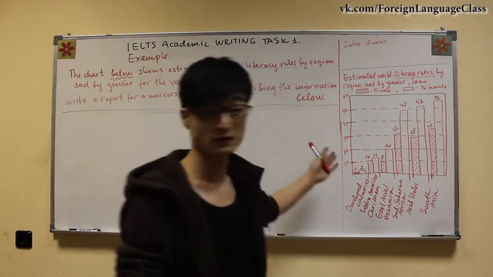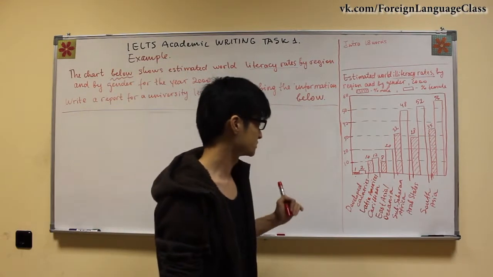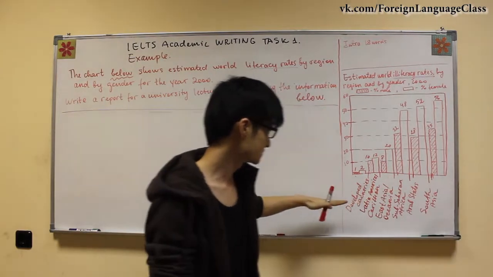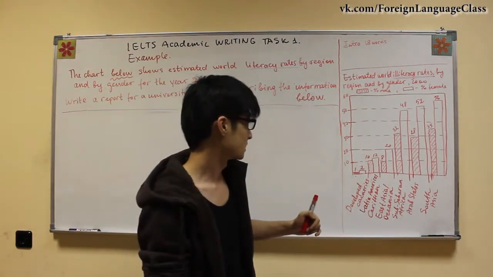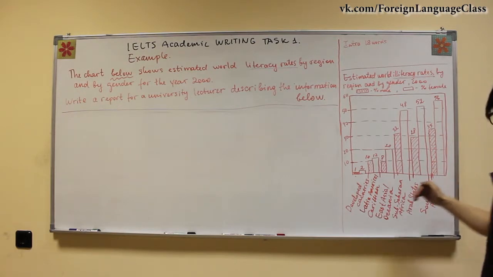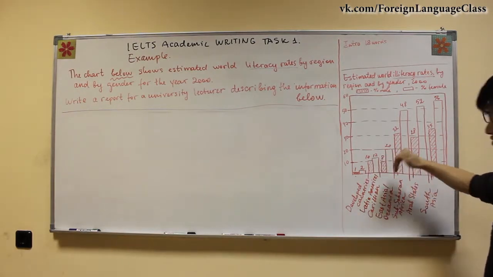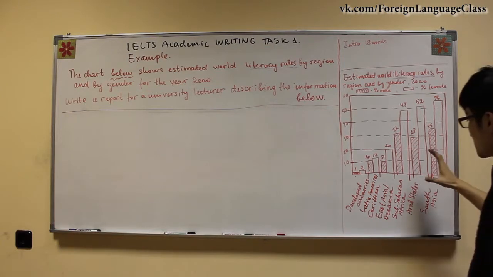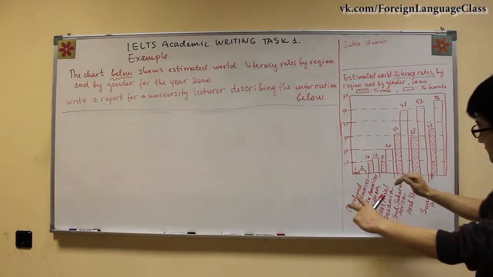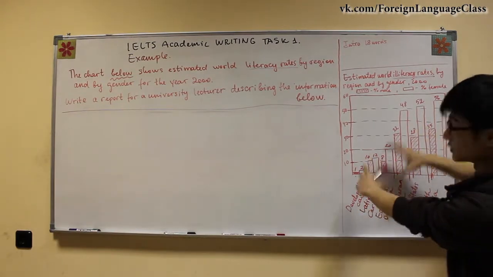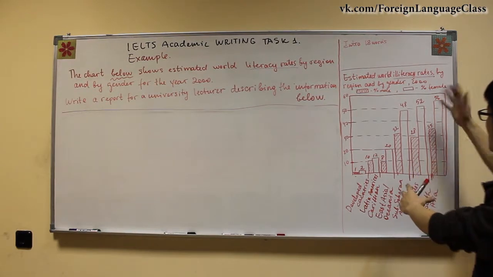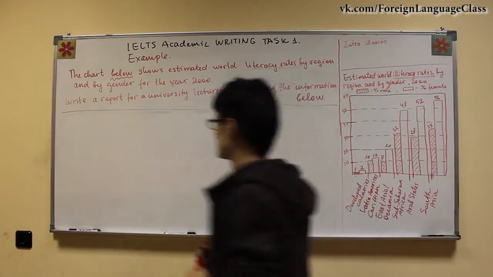Now let's start paragraph 1, in which we're going to describe illiteracy rates in 6 different regions among men and women. As we have 6 regions, and it's not a good idea to describe each region one by one, I'm going to group them in 3. The first 3 with the lowest literacy rates among men and women, and these 3 with the highest literacy rates among men and women.